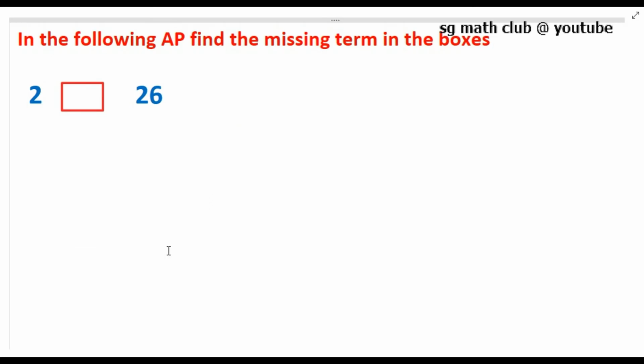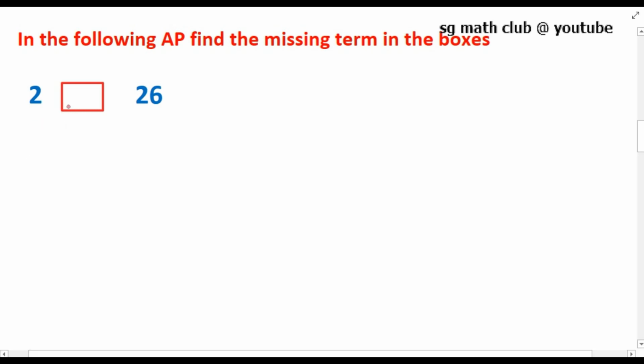So the next question is, in the following AP, find the missing term in the boxes. So here one term is missing. 2, after that we don't know the second term. Third term is 26. So first term is 2 and the third term is 26. Third term means I can write a plus 2d equal to 26.